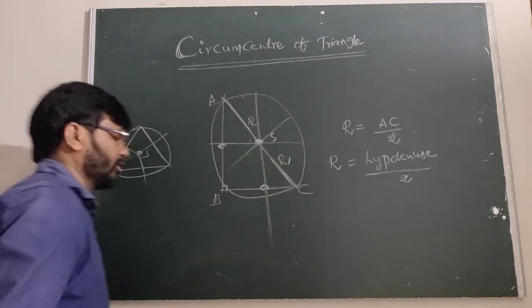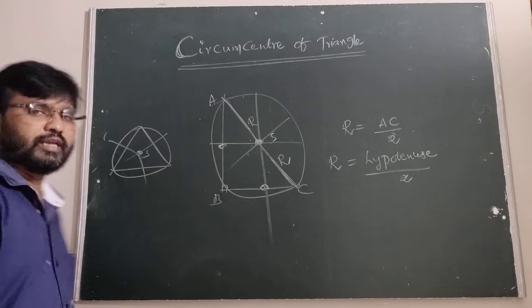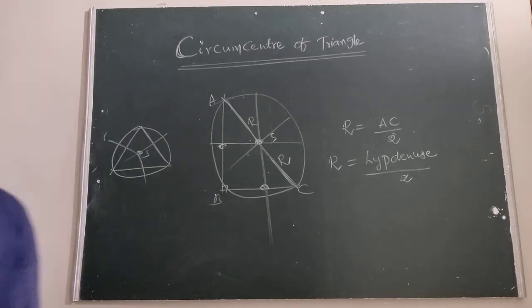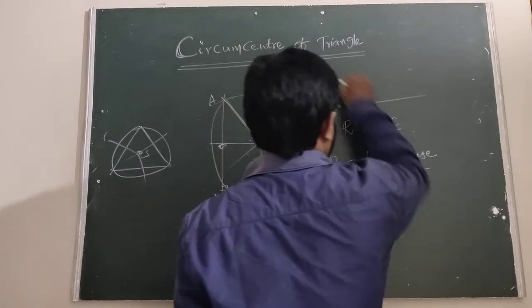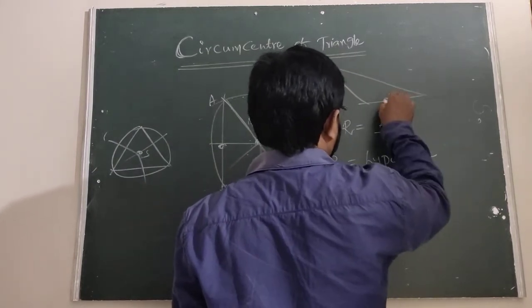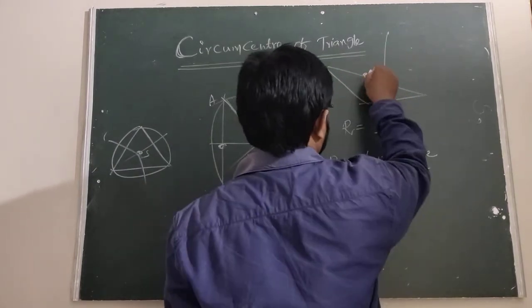This is the perpendicular bisector. So if it is an obtuse angle triangle, suppose we are taking the obtuse angle triangle, this is the midpoint.